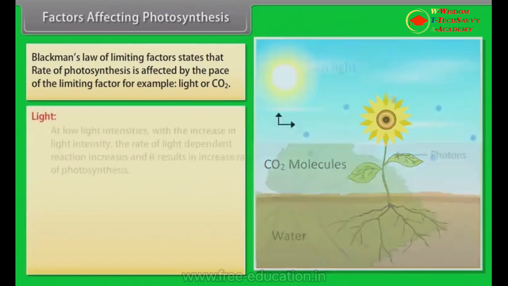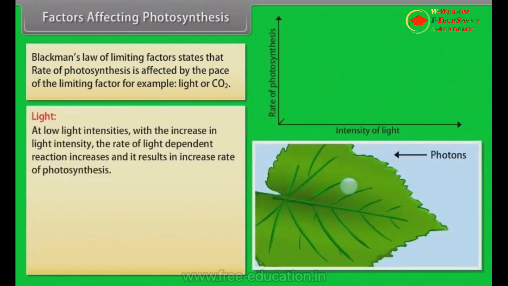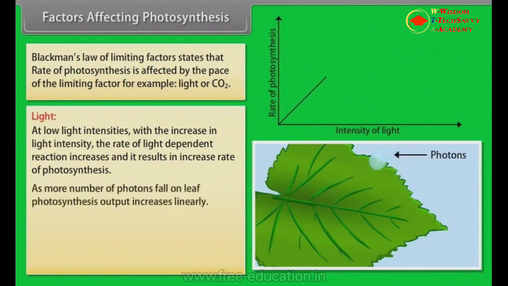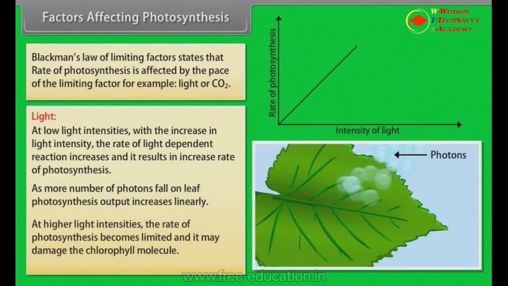At low light intensities, with the increase in light intensity, the rate of the light-dependent reaction increases, and it results in an increased rate of photosynthesis. As more photons fall on the leaf, photosynthesis output increases linearly. At higher light intensities, the rate of photosynthesis becomes limited, and it may damage the chlorophyll molecule.